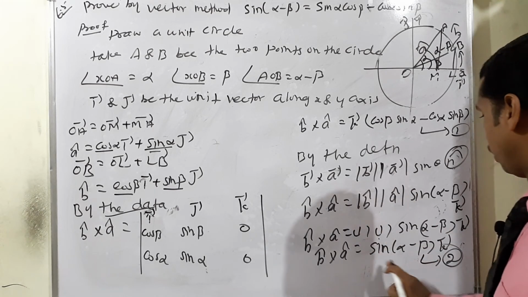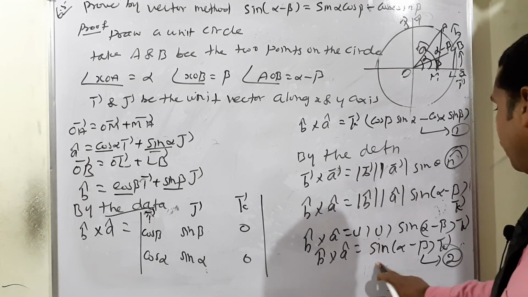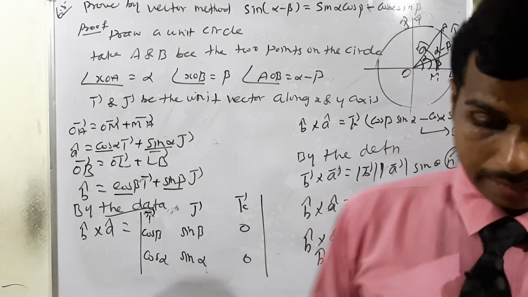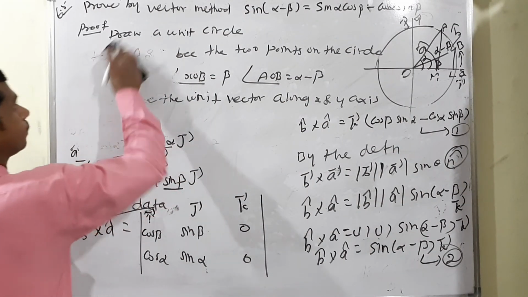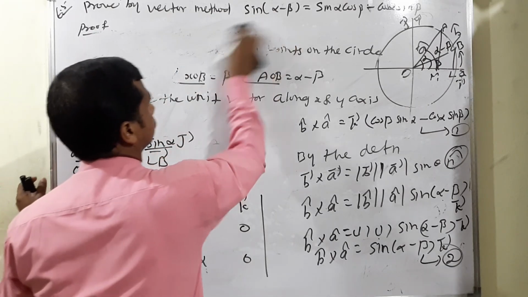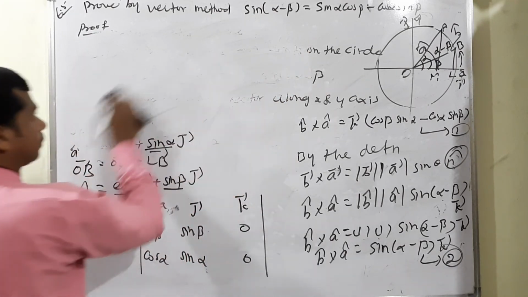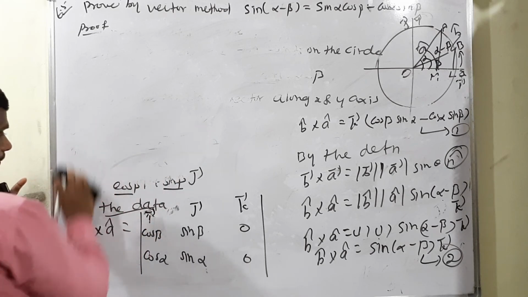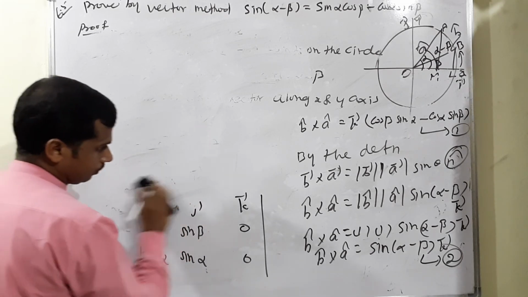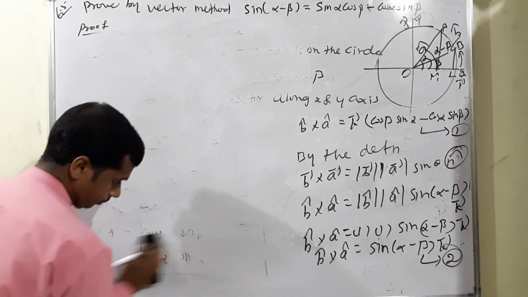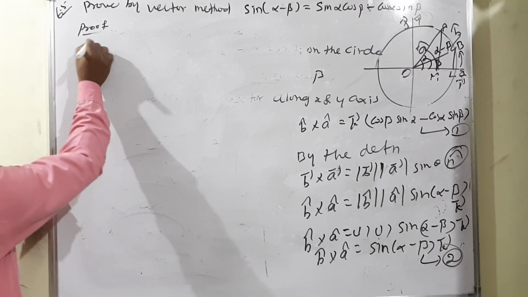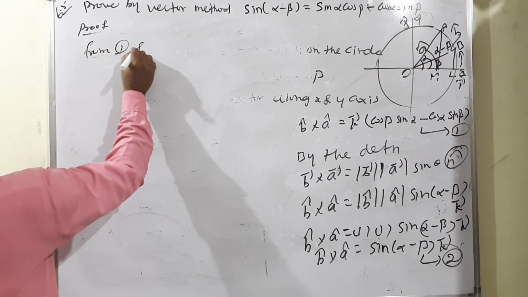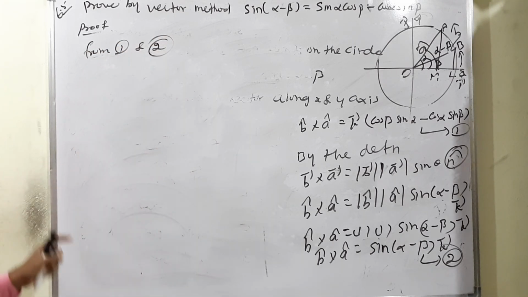Therefore, instead of B cap cross A cap we can write both of them equal. So from 1 and 2, look there.